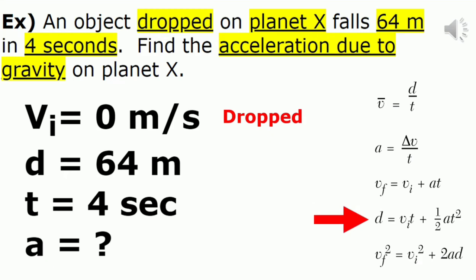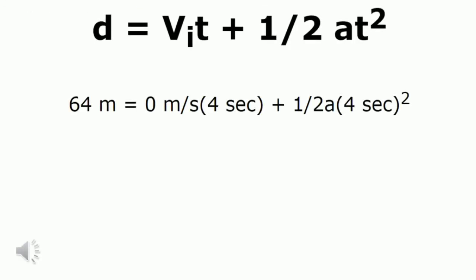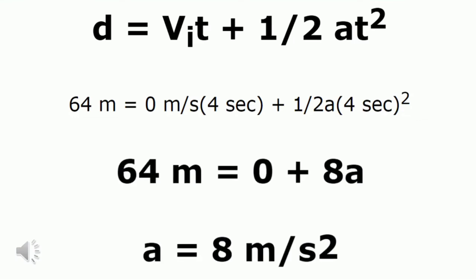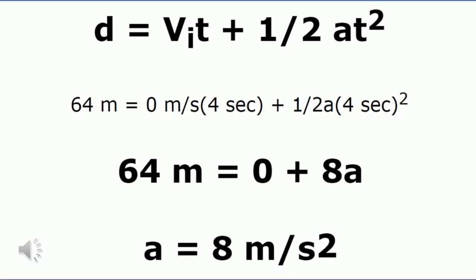Notice that it doesn't begin with a known, which is acceleration. Don't let that throw you off. The equation doesn't have to start with a known variable. Here is the substitution with units to find the acceleration. In the last step, we must divide both sides of the equation by 8 to isolate the unknown.